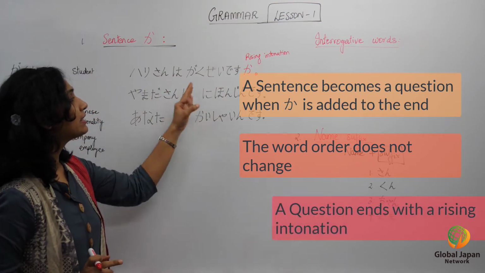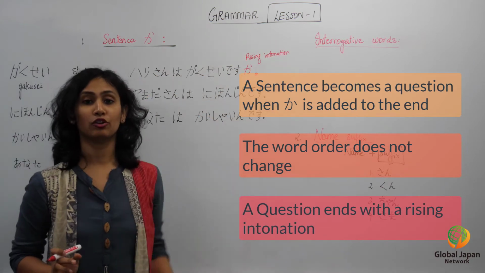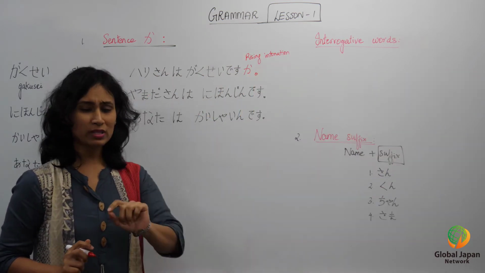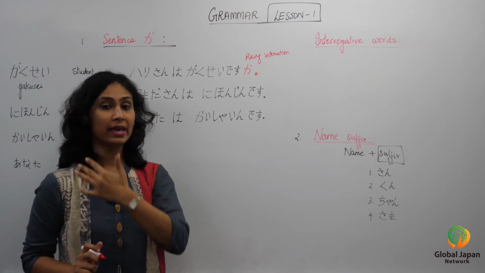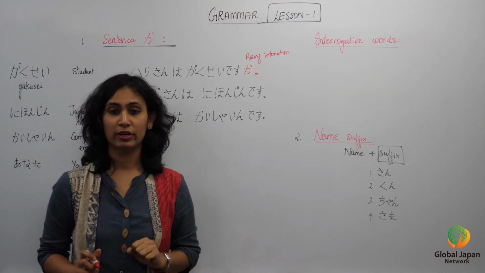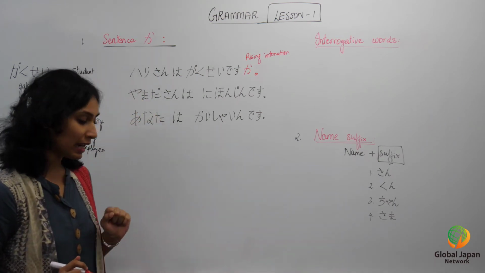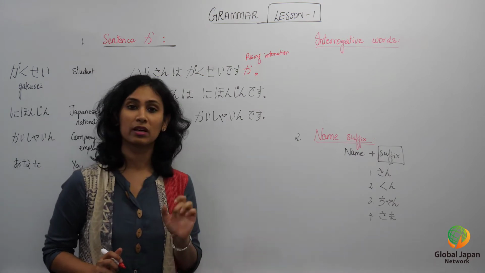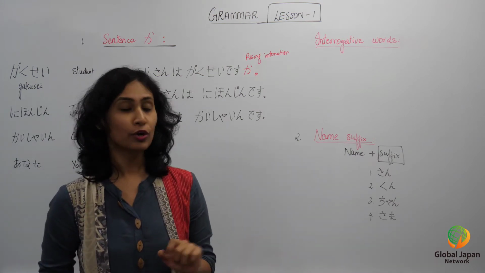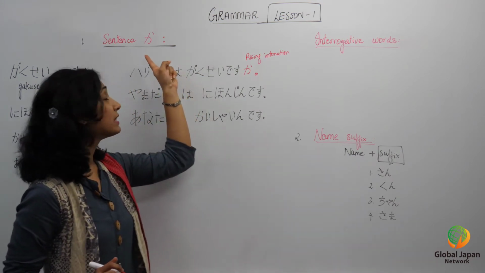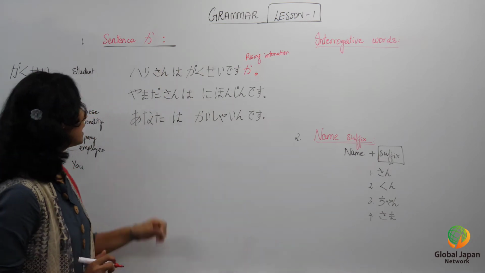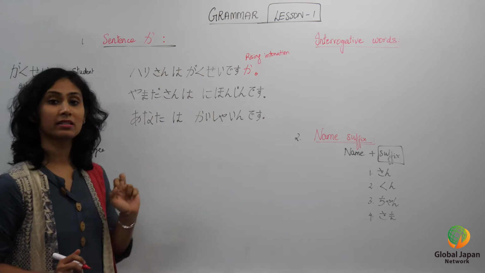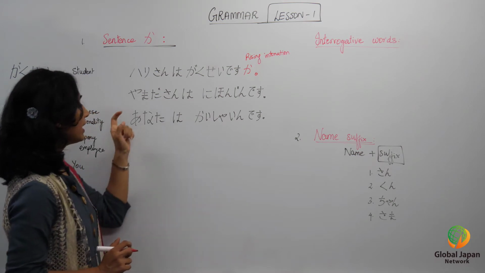And the sentence will end in rising intonation. Using this question pattern, you can make yes-no kind of questions, like if you want to ask whether a statement is correct or not. Let's make the next 2 sentences also into questions now.